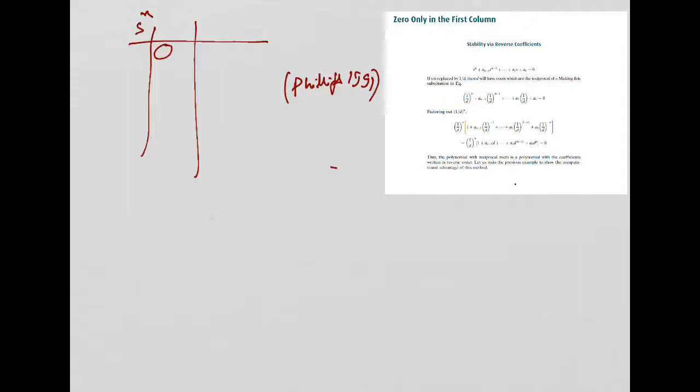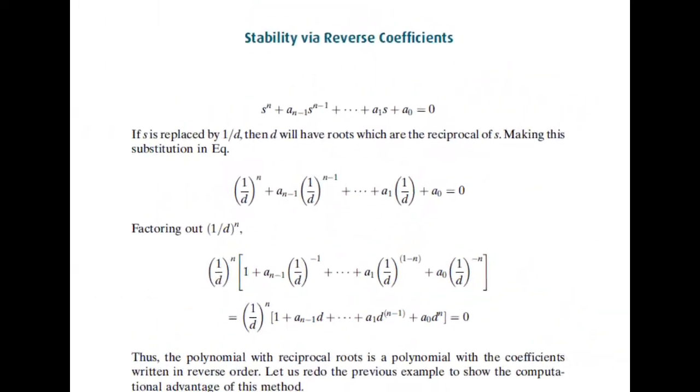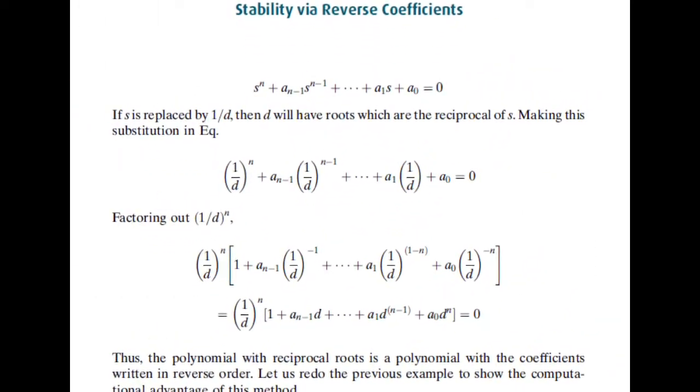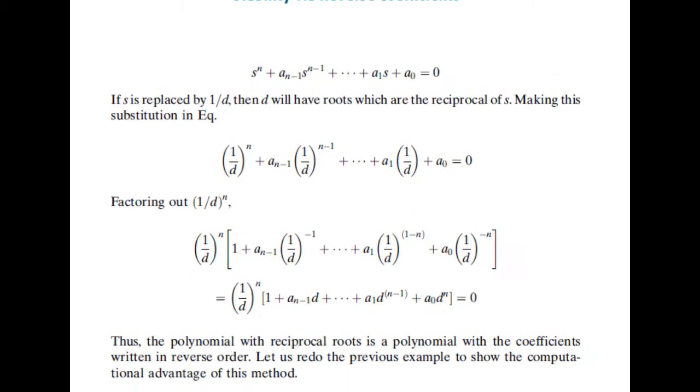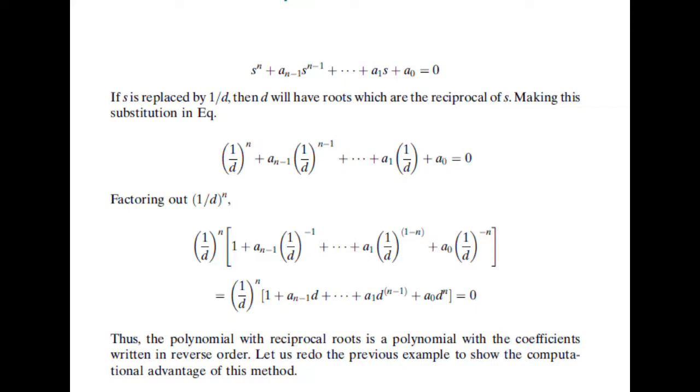Now let us assume an equation, that is, s^n + a_{n-1}s^{n-1} + ... + a_1 s + a_0 = 0. Now in this case, let us suppose that s is replaced by 1/d.